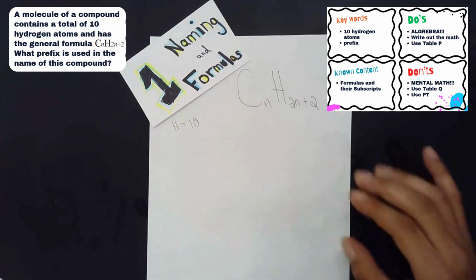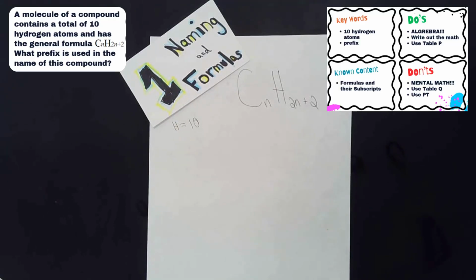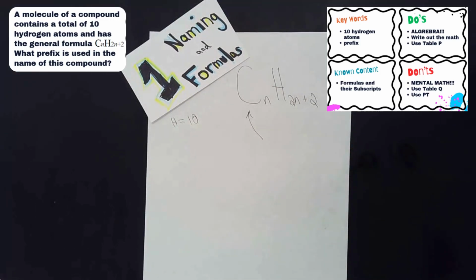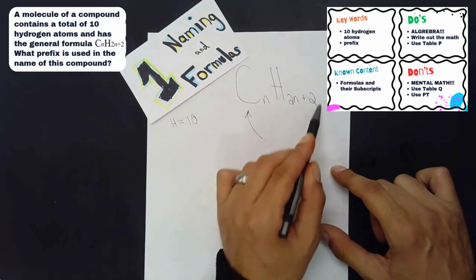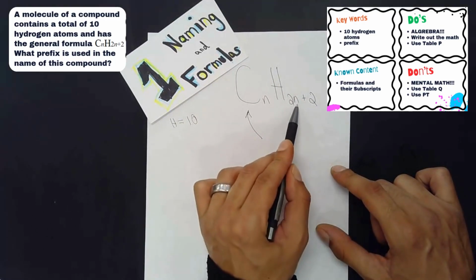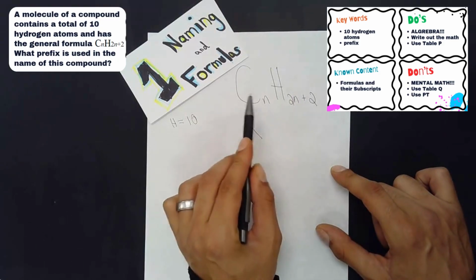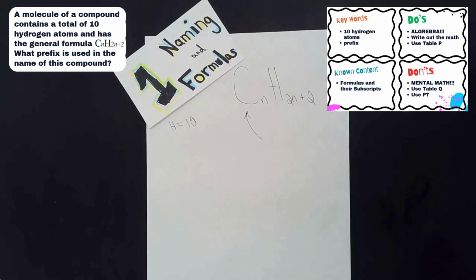We also need to know what the prefix is of this compound, and prefixes are the number of carbons. So once we can figure out what n is in H, then we can use that number to plug into C and determine what our prefix is.